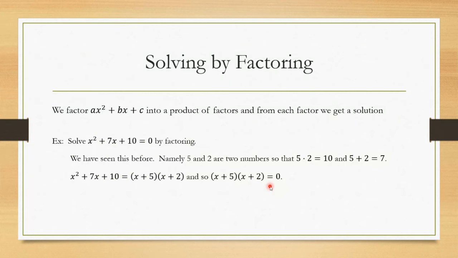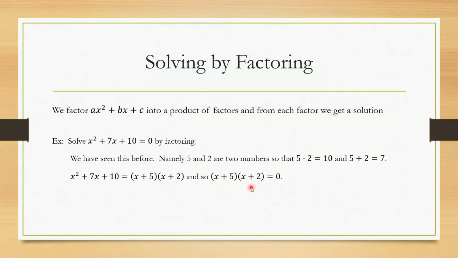Now, one of the important facts about multiplying numbers is that if you have a product equal to 0, then at least one of the factors has to be 0. So we have this product here equal to 0, so this has to equal 0, or this has to equal 0.